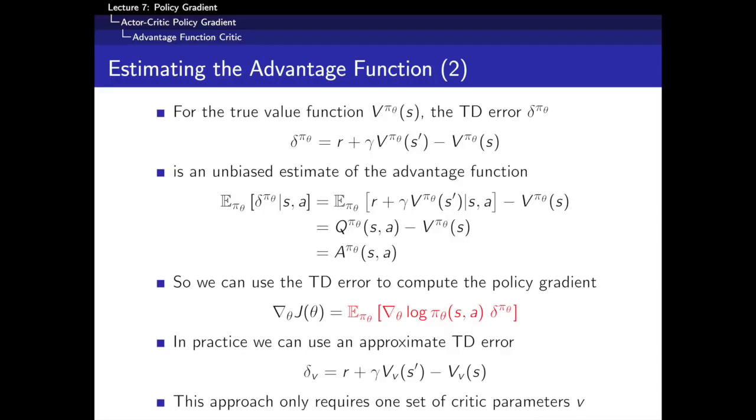This term here, the expected reward plus state value at the next state, given S comma A, is precisely the definition of Q. This is just like unrolling our Bellman equation one half step. So Q is equal to the expected reward plus state value at the next step. And so this whole thing basically tells us we've got our Q minus V now. This is the advantage function. This whole thing tells us that the TD error is an unbiased sample of the advantage function.